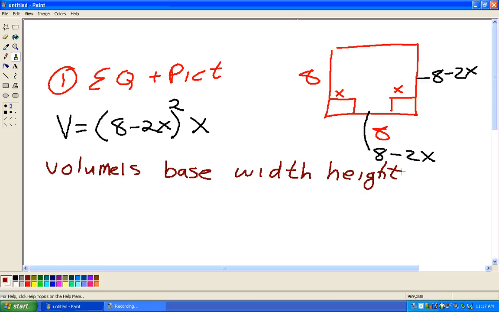You got an 8 minus 2x and then you got negative x, 8 minus 6. So if I'm looking at my box, how tall is my box? No, 8 minus 2x. When I hold up my box, how far is the box from here to here? 8.